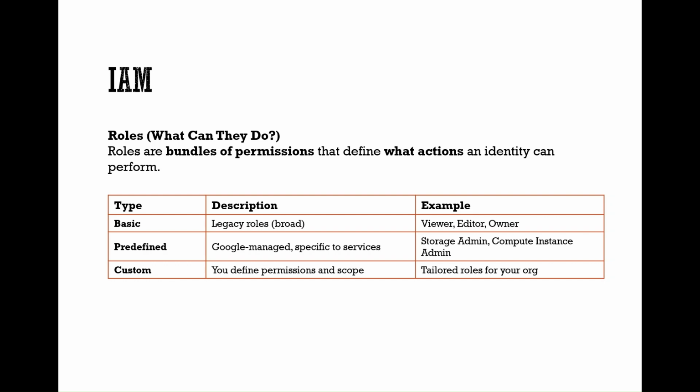Okay, so let's see the other things. Generally there are three types into which you can divide the roles. The first one is basic. These basic ones are generally known as primitive ones, and these were created when IAM was not that advanced. So these are legacy roles, and generally these roles are not recommended today when you're going to production.